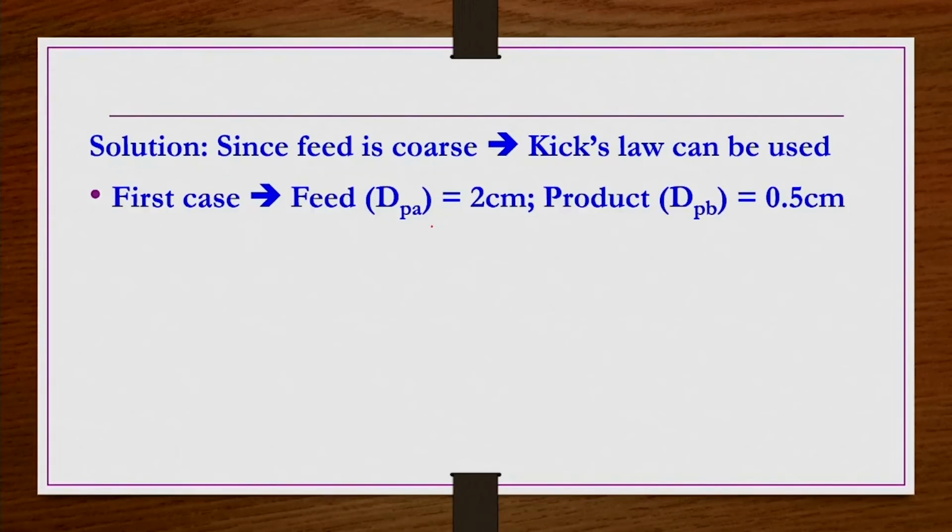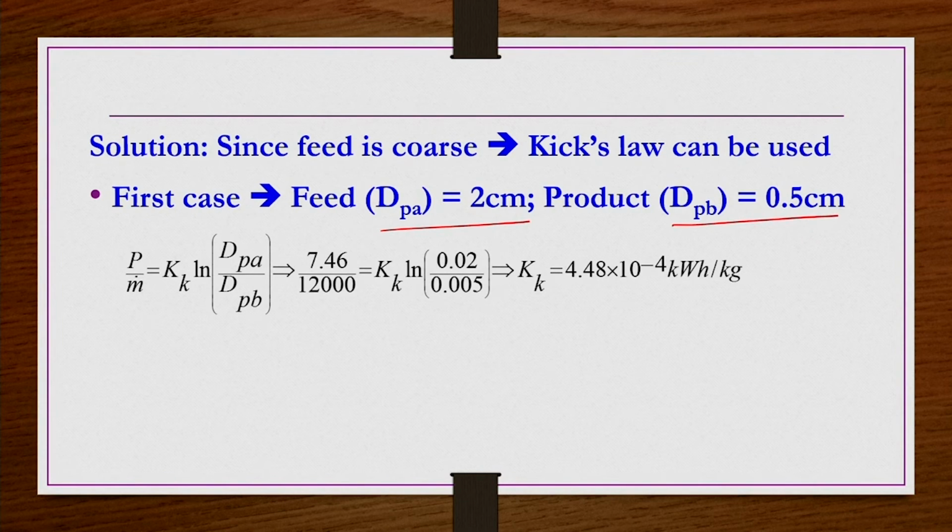First case: the feed size dPa is 2 centimeters, the product size dPb is 0.5 centimeters. So P by m dot equals Kk ln dPa by dPb. We substitute P by m dot; Kk we do not know; dPa is 2 centimeters and dPb is 0.5 centimeters. From here we get Kk as 4.48 into 10 power minus 4 kilowatt hour per kg.